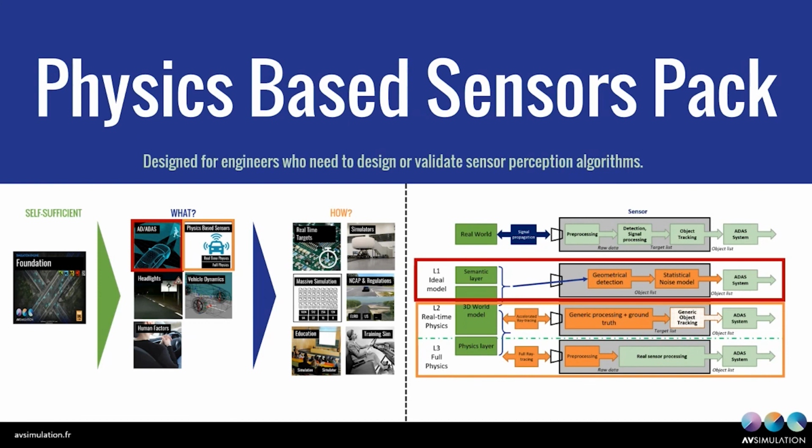Yes, so like I mentioned, the camera sensor level 2 is a little bit different from what we have seen today with the level 2 real-time physics LiDAR and the full physics-based radar. Because first of all, it's integrated by default with the foundation pack, and also because we don't use the different tools of Oktal SE.